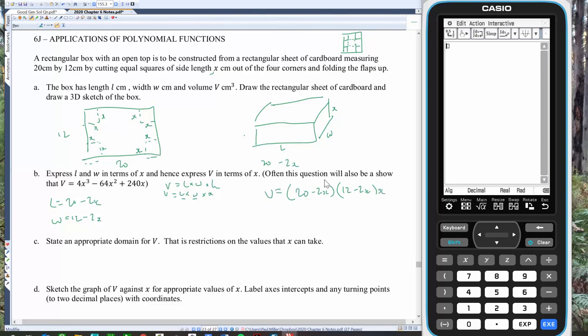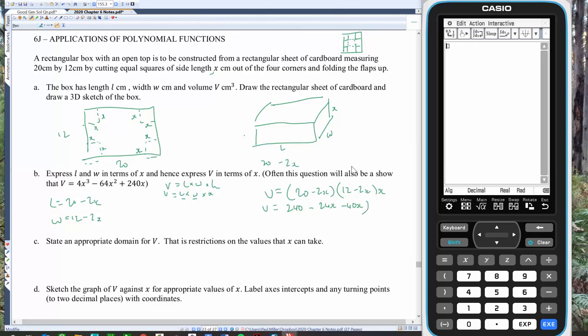Now I've just noted here, often this question will be a show-that question, to show that this is the function. We'll continue along, even though it's not a show-that here, I'm just going to presume it is. So 12 multiplied by 20, 12 twos are 24, that's 240, take away 24x, take away 40x.